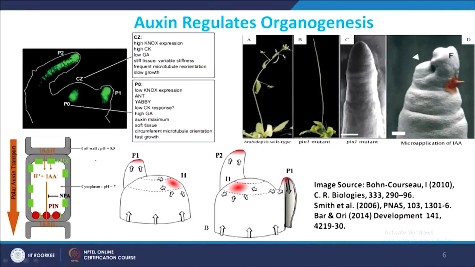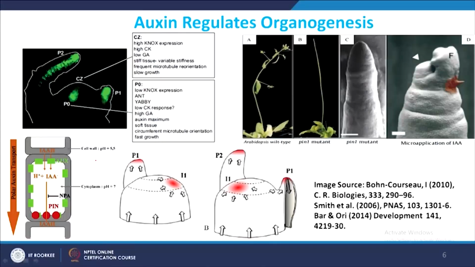How does auxin basically work? Auxin is biosynthesized in some of the cells and then it can be distributed or transported, and the transport of auxin occurs through a well established auxin transport system, which is also called the polar auxin transport system, because the transport of auxin is directional.